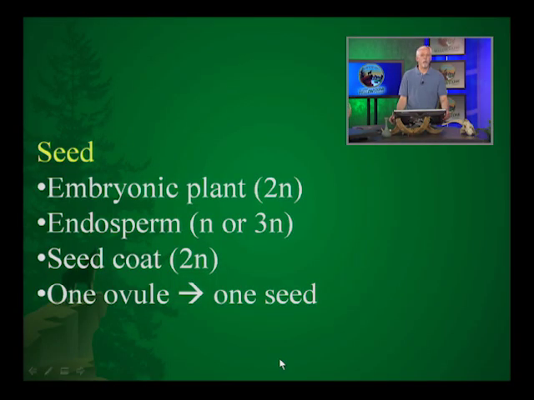So when we look at the structure of a seed, well, what makes a seed a seed? Well, the seed will include an embryonic plant, an embryonic sporophyte. So this is the baby tree, if you will, if we're talking about something like a lodgepole pine. In addition to that, there will be a material called endosperm, and the endosperm will either be haploid tissue or triploid tissue, and the endosperm provides nutrients to the developing embryo.